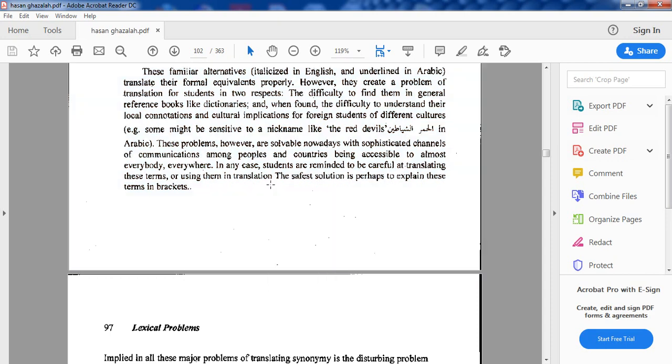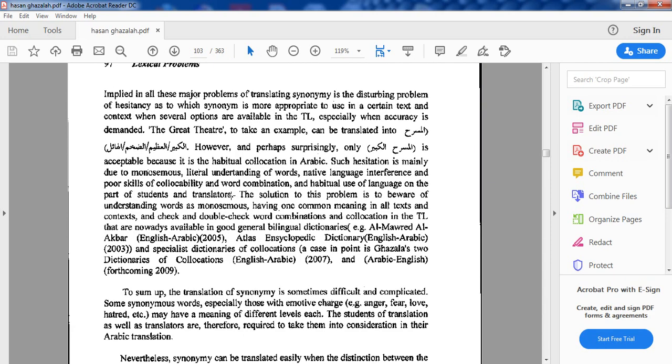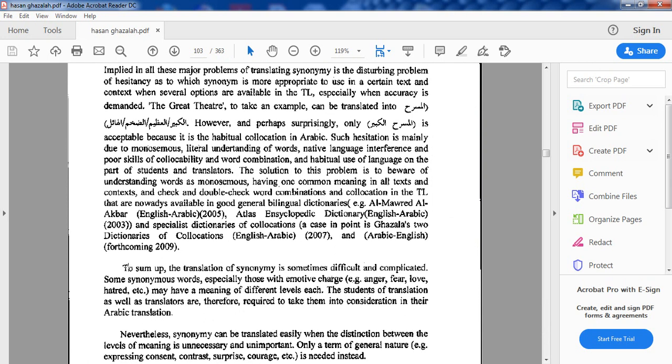Actually, here is some summation of problems. To sum up, the translation of synonymy is sometimes difficult and complicated. Some synonymous words, especially those with emotive charge, anger, fear, love, hatred, may have meanings of different levels each.